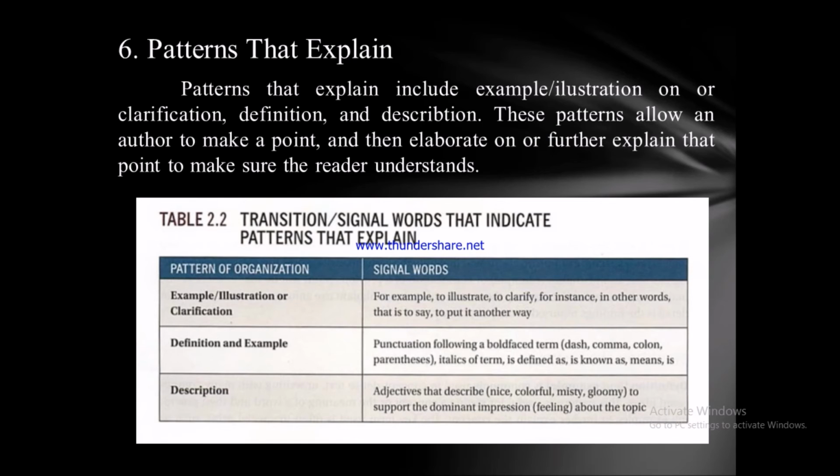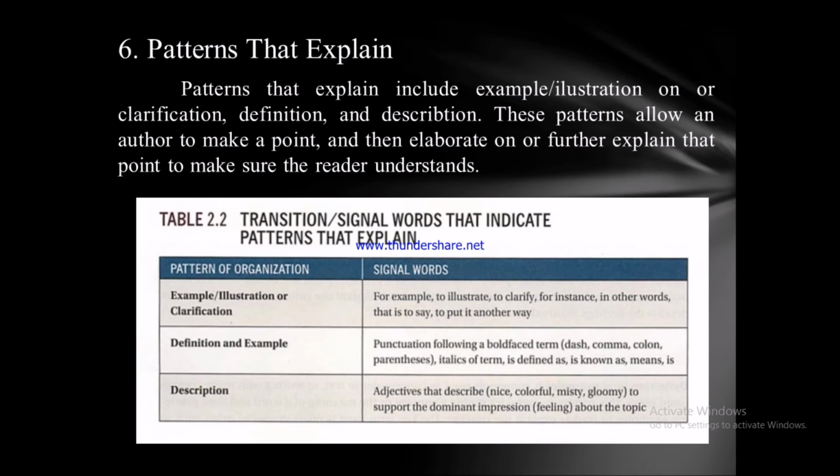Pattern of organization: example, or illustration or clarification. Signal words: for example, to illustrate, to clarify, for instance, in other words, that is to say, to put it another way.